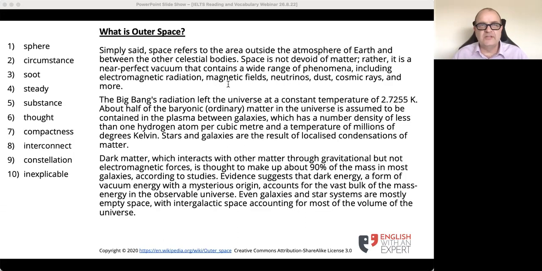Okay, so let's go there and start to have a look. On the left, you can see these words: spear, circumstance, sut. On the right, you can see the reading. What you have to do is find the synonym of that word in this text.